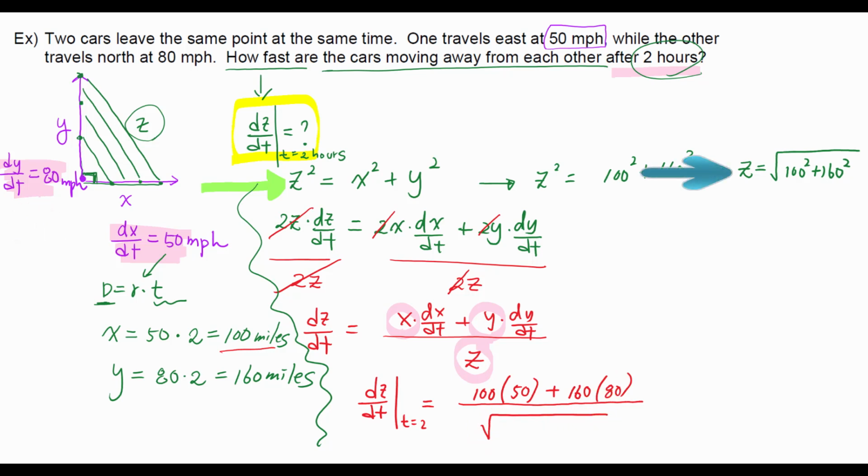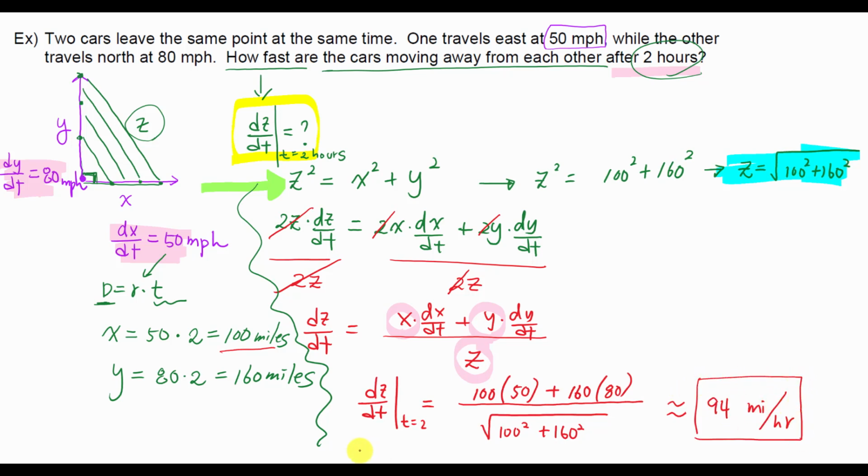You found it right here. Z is the square root of 100 squared plus 160 squared. And when you use a calculator, you get about 94 miles per hour for dz/dt. So you found your answer.